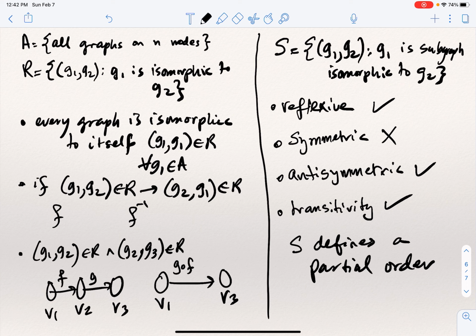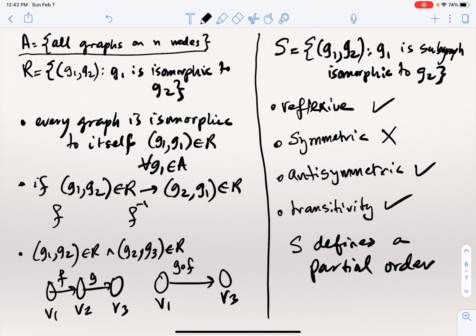Notice that when I started with A, I defined it as the set of all graphs on n nodes, but you can look at the set of all graphs on 1 node, 2 nodes, 3 nodes, or whatever number of nodes. You can partition the set of all graphs using graph isomorphism, because it defines an equivalence relation, and this equivalence relation defines equivalence classes.